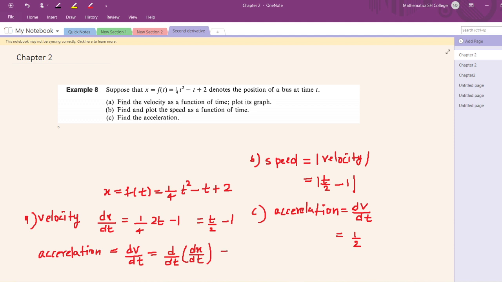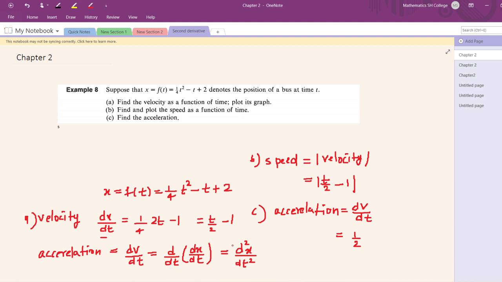So here you will get the second derivative, d square x by dt square. So acceleration is nothing but the second derivative of x with respect to time. The first derivative is velocity and the second derivative is acceleration. In the coming sessions we will see how to find the second derivative. We know how to find the first derivative, then you differentiate it once again with respect to time, so we will get the second derivative.